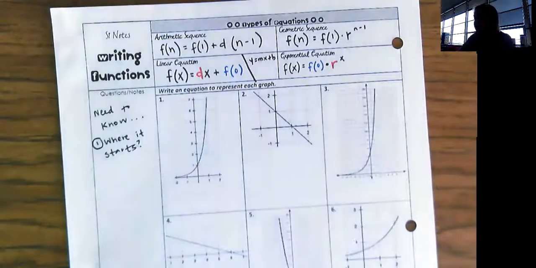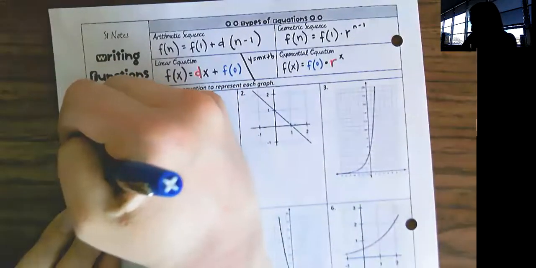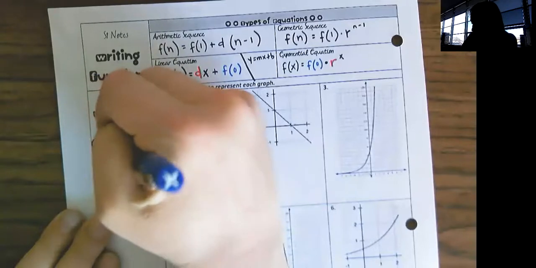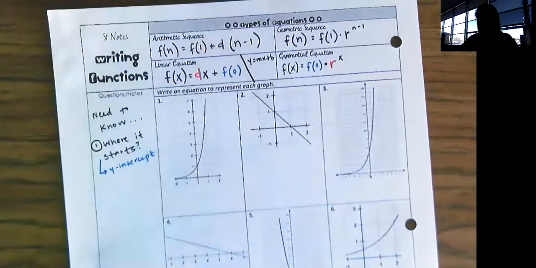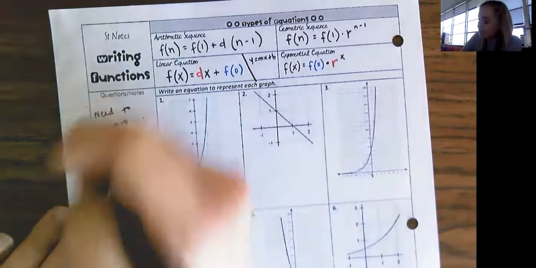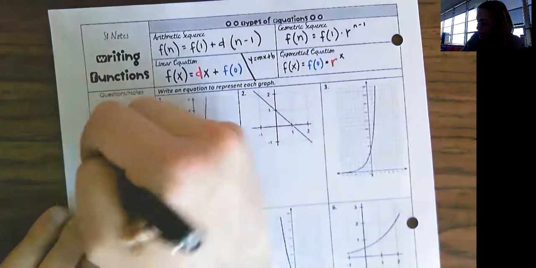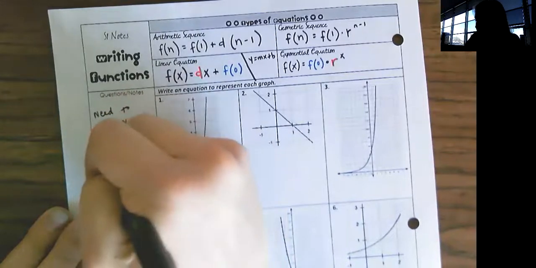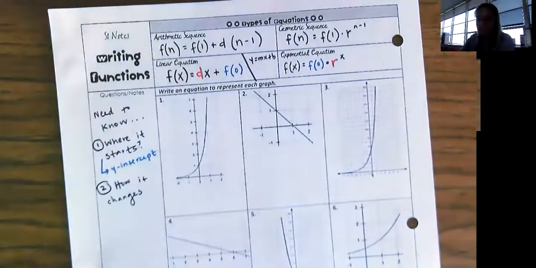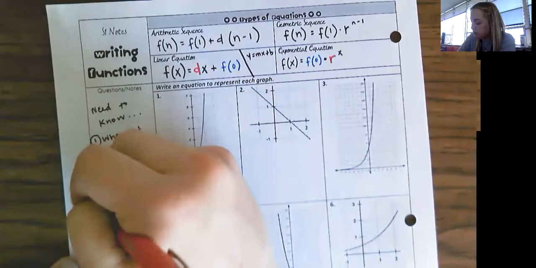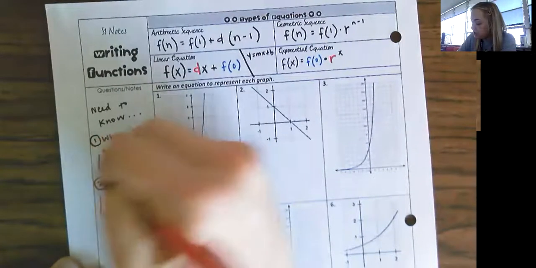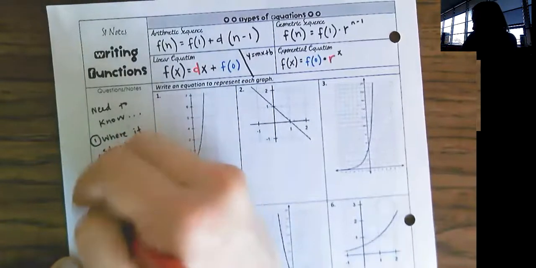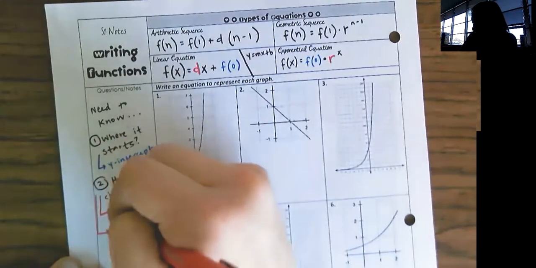And the thing about where it starts is that is always going to be the y-intercept. The second thing you need to know is how it changes. And how it changes is either going to be the rate of change or the change factor.